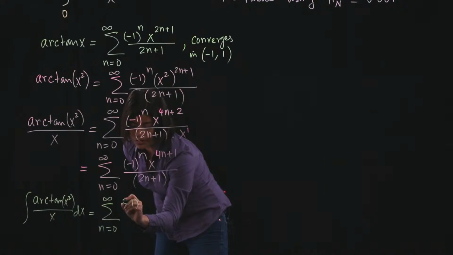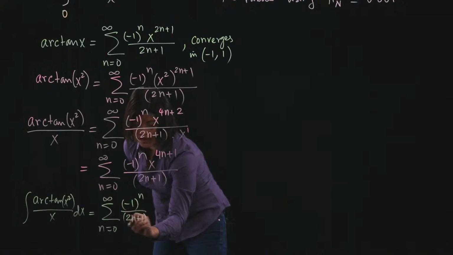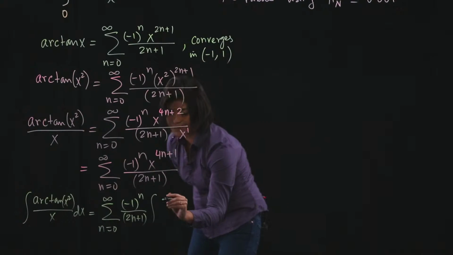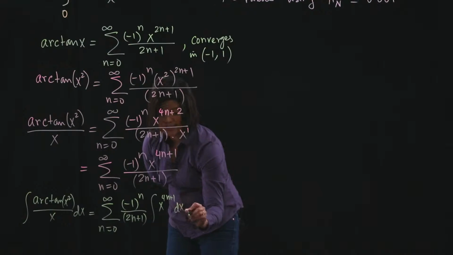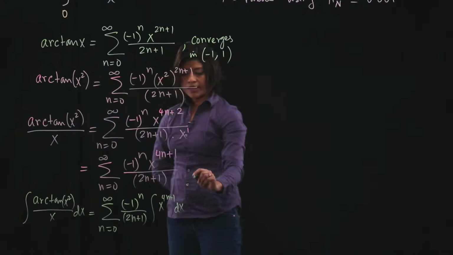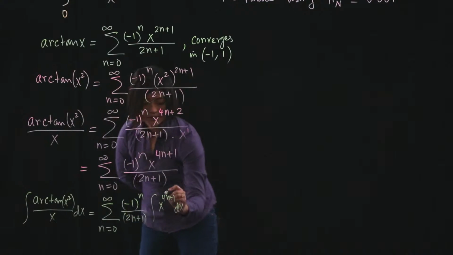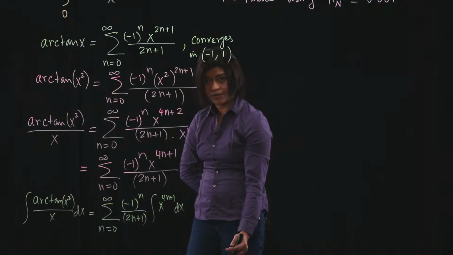So you can pull out -1 to the n over 2n plus 1 and just integrate the term that has x in it, x to the 4n plus 1 dx. And of course, I should write plus c, but notice that it will be a definite integral in the end, so I really can ignore it right now.